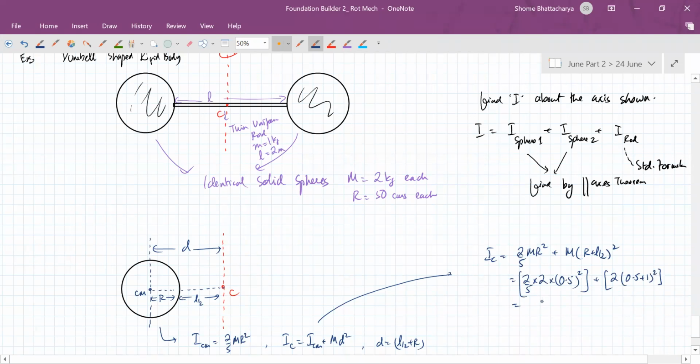This is 4 into 0.25 divided by 5 plus 2 into 1.5 squared, 2.25.